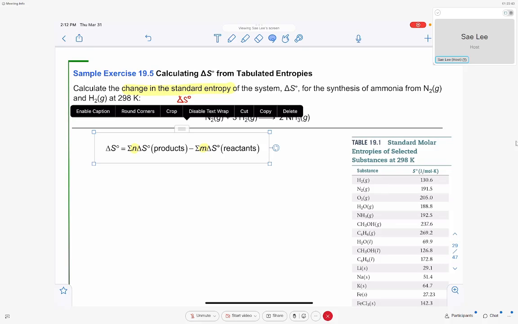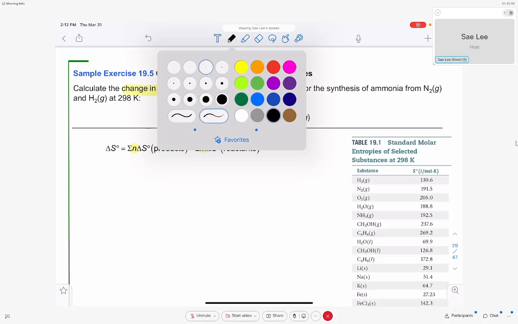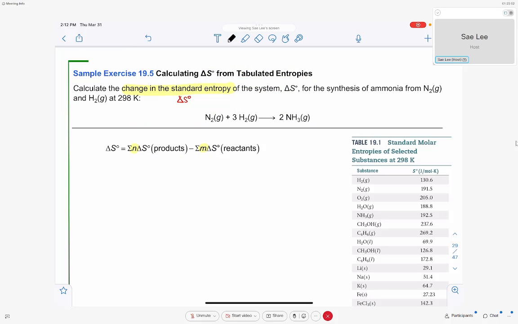So now all we have to do is plug in the standard entropy values of the products and reactants using table 19.1, or there are more standard entropy values in Appendix C. Let's plug in the numbers.